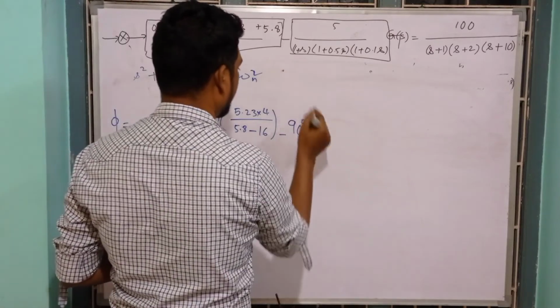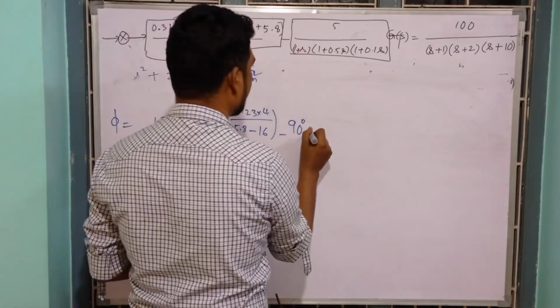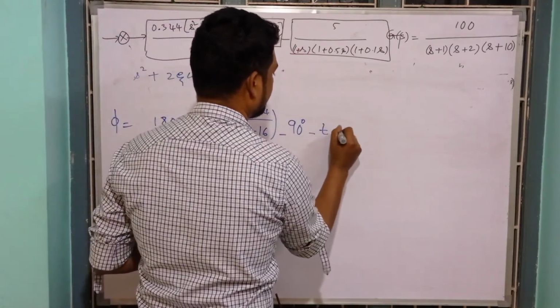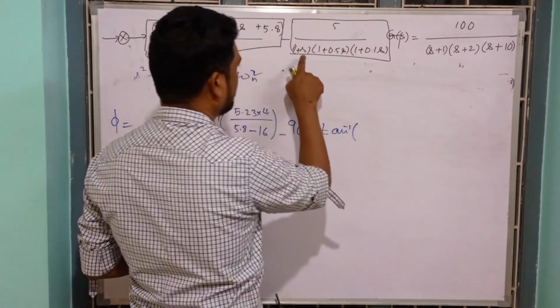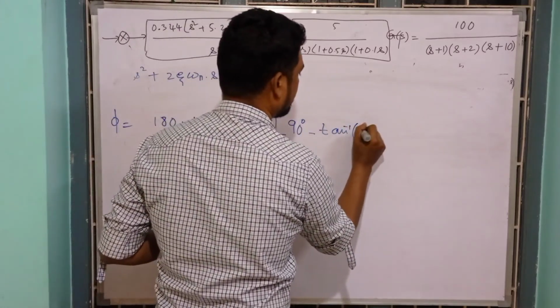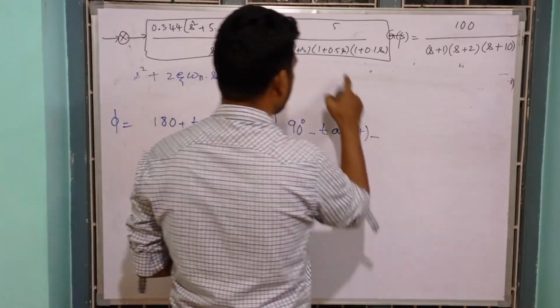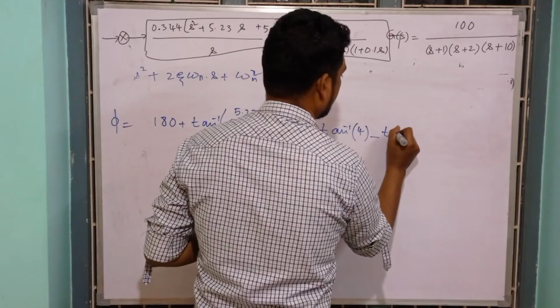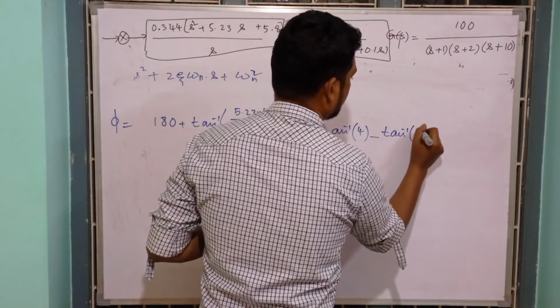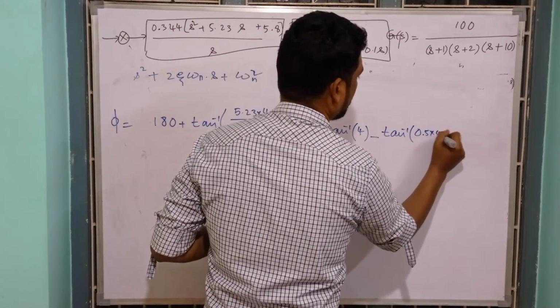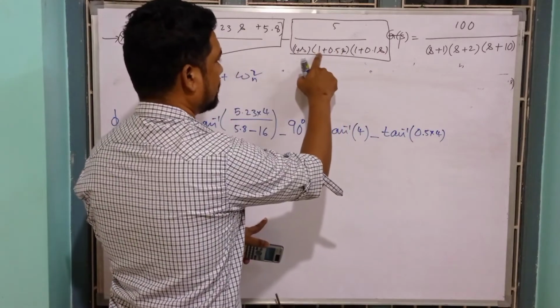For this one, again it's in the denominator, so it's minus tan inverse omega, so straight away for that value of omega which we have designed for, minus tan inverse 0.5 into 4 by 1, that's it.